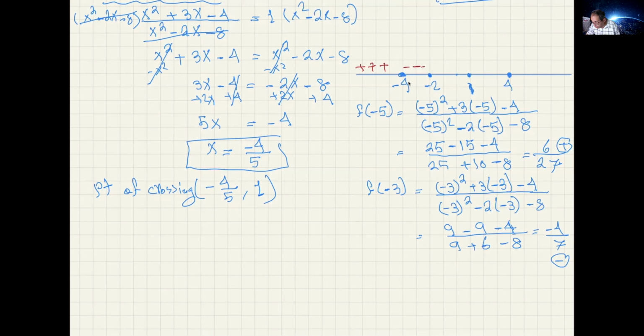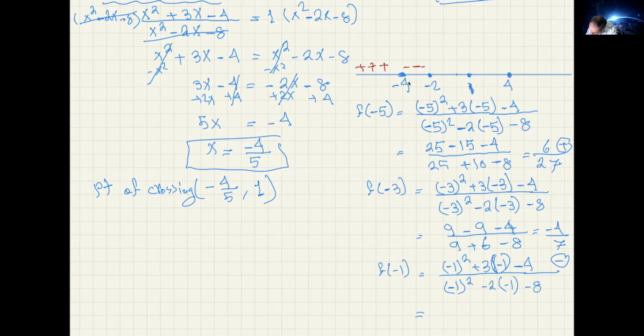And now I have the one that I solved before, f of negative 1, and I think I got f of negative 1 is positive. So f of negative 1 is negative 1 squared plus 3 times negative 1 minus 4 over negative 1 squared minus 2 times negative 1 minus 8.